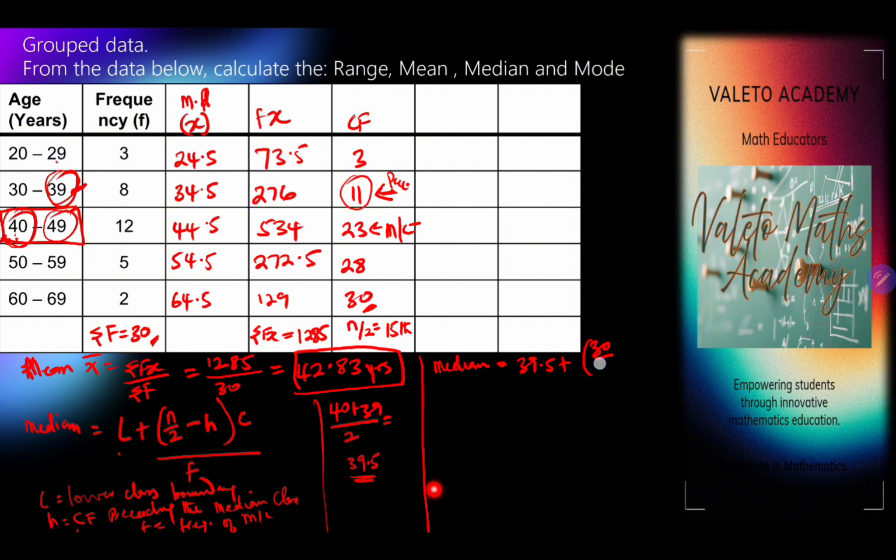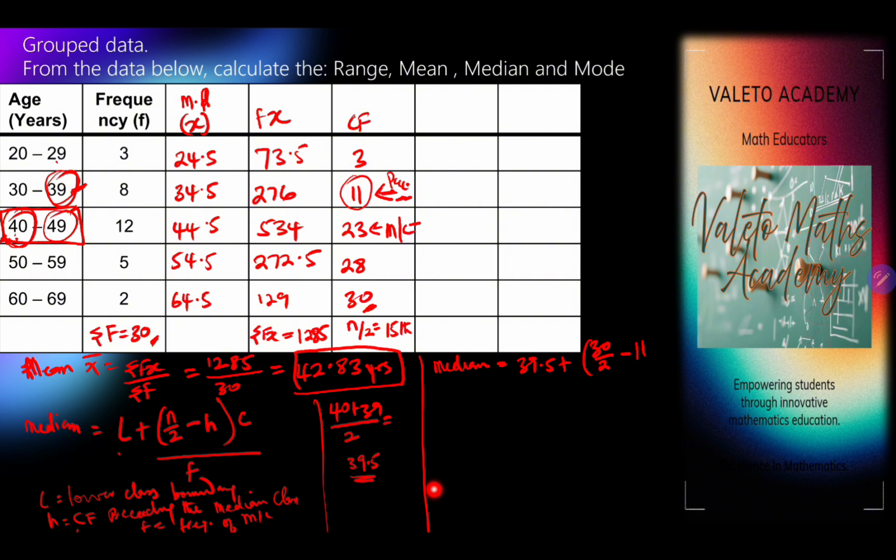N here is 30, over 2, minus h, the cumulative frequency preceding the median class, which is 11.